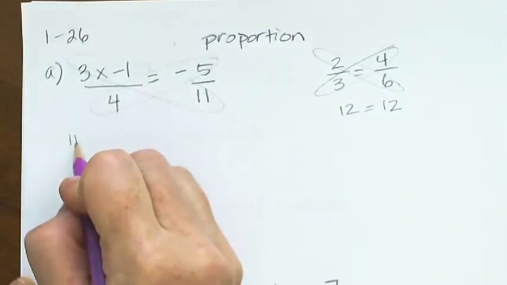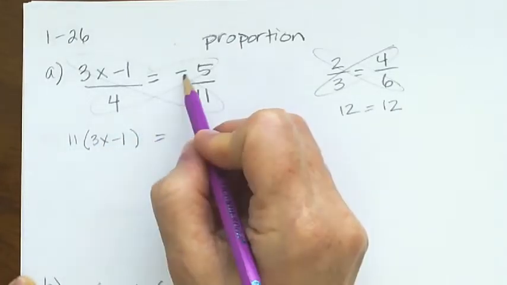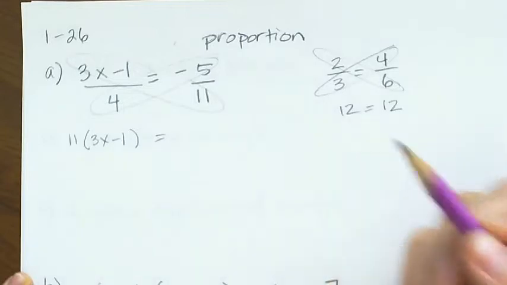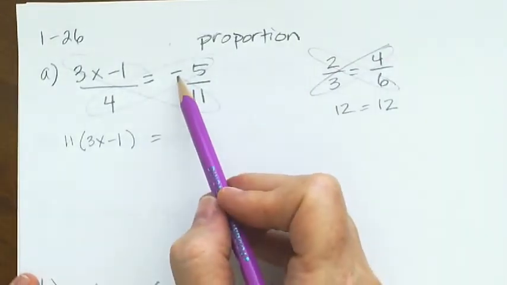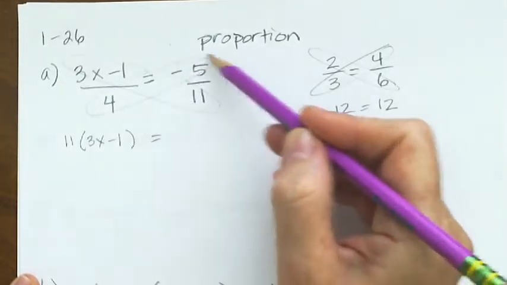So that would give us 11 times 3x minus 1 equals, now here the negative in front, sometimes that throws people off. They think, oh, the 5 is negative. Actually, this entire fraction is negative.